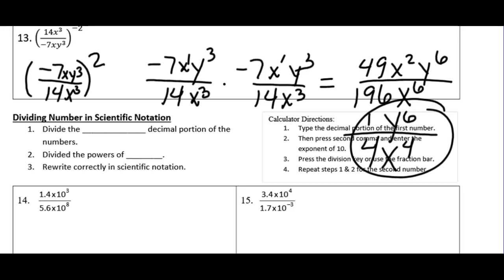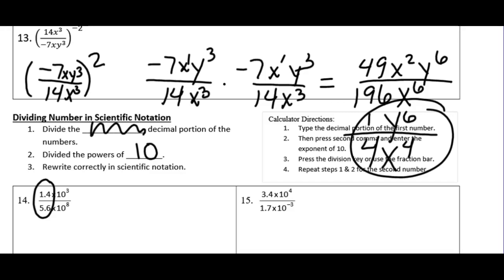Looking at doing it by hand, you divide the decimal portion of the numbers first. Then you divide the powers of 10, and then you would write it correctly in scientific notation.